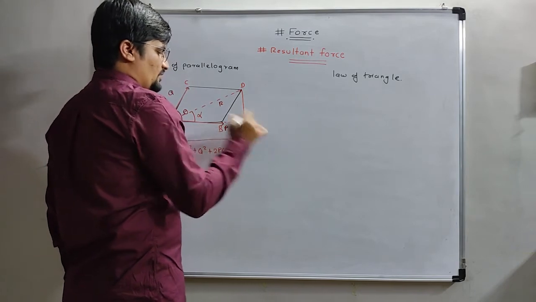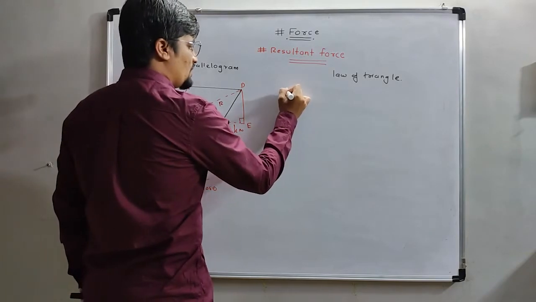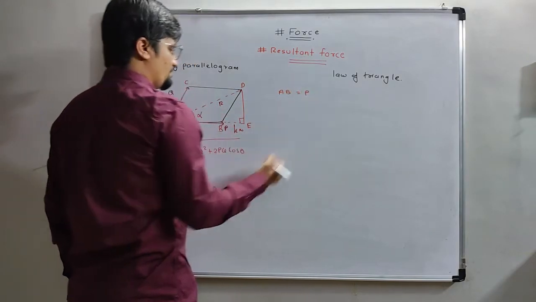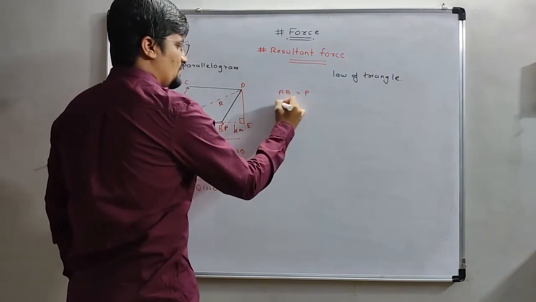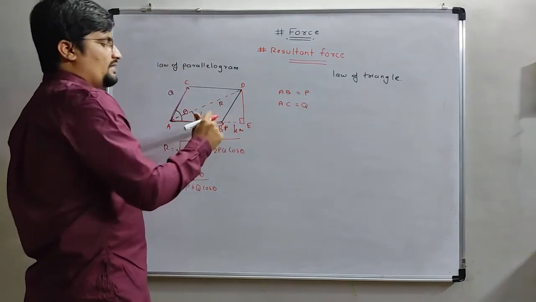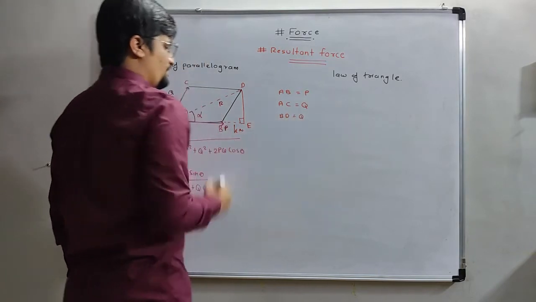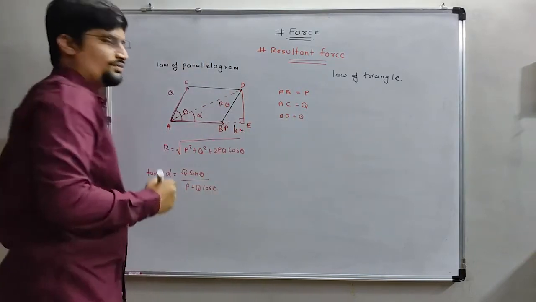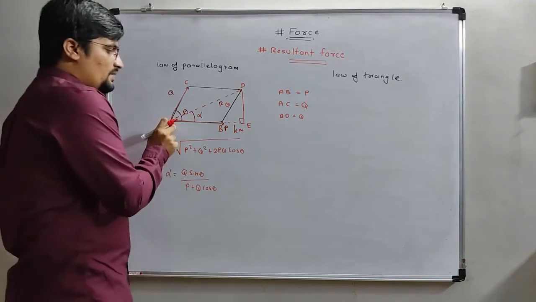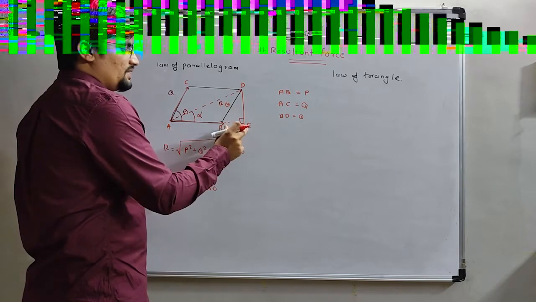The point is E. Consider AB as P, AC as Q. If AC is Q, then BD will also be Q. It means if AB is equal to P, then AB plus BE.